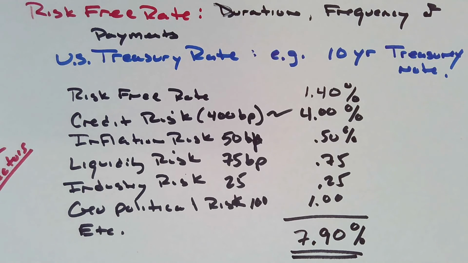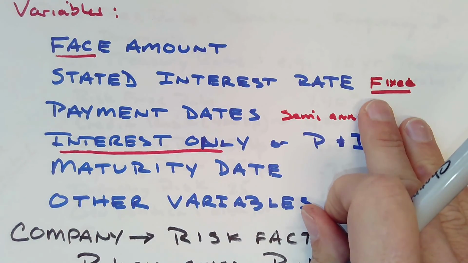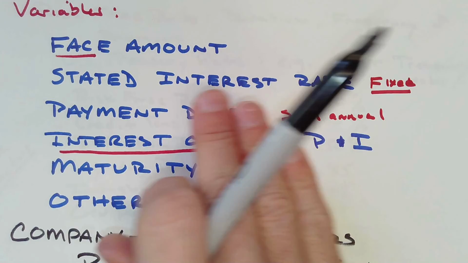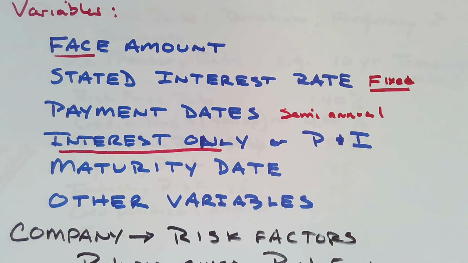All right? So the next thing is, well, if I'm issuing this and the investors want 7.9, what should I make my stated interest rate? Well, that also all depends on how much money you want to pay back and how much money you want to get right now.